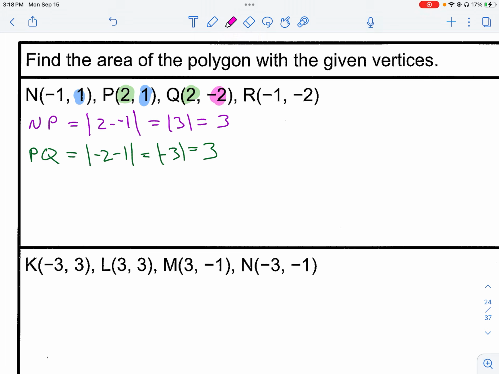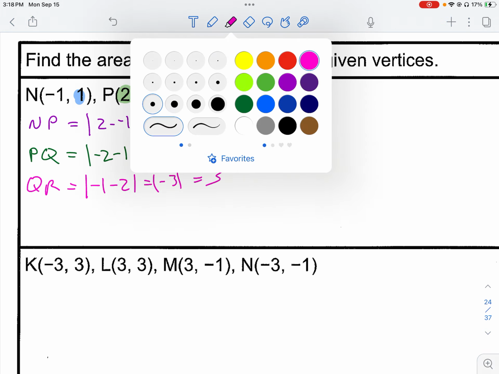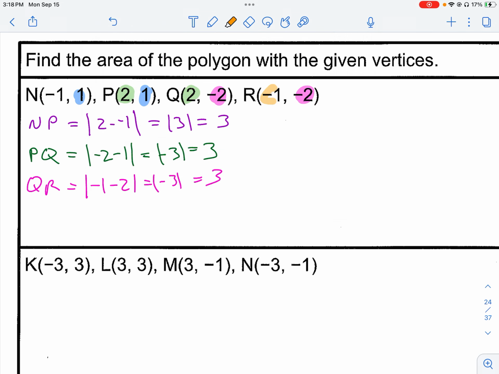Then we get QR, which has the same, and we'll do this in pink. So we get -1, -2. And we'll do orange. And then we got RN, which have the same x, so it's a vertical line.